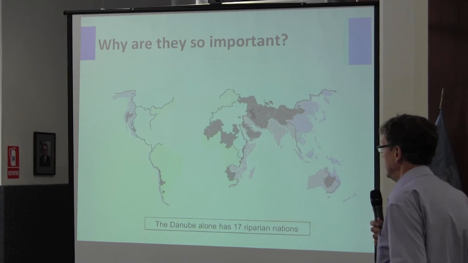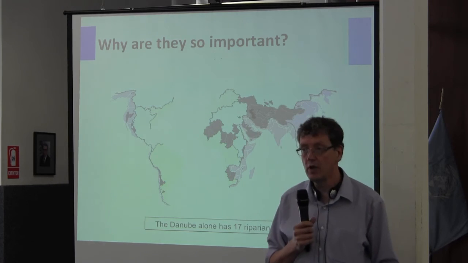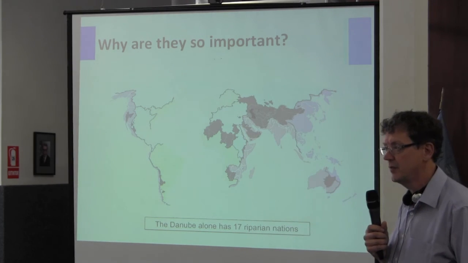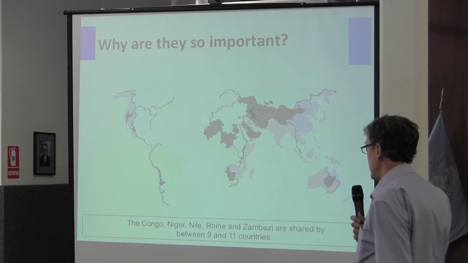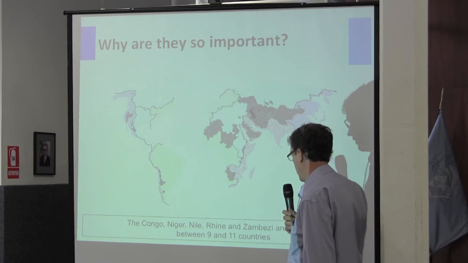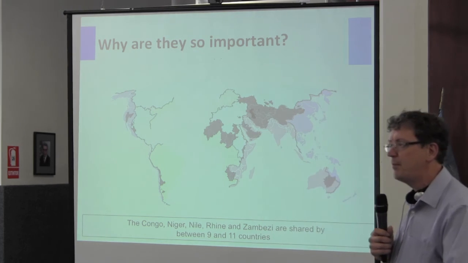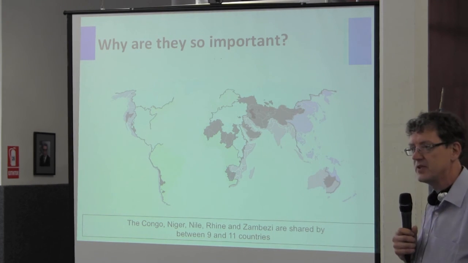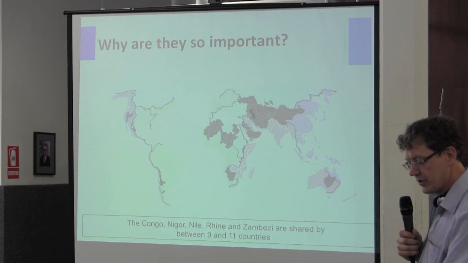The Danube alone, in Western Europe, has 17 riparian nations, so 17 countries in one river basin. The Congo, the Nile, the Niger, the Rhine, the Zambezi are shared between 9 and 11 countries. These are big water systems that are predominantly shared between more than one country.